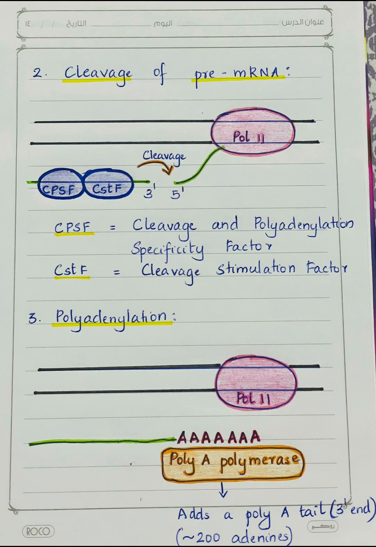After cleavage, the next step is polyadenylation. Poly-A polymerase adds a poly-A tail which is about 200 adenines to the 3' end of the RNA. This step is essential for RNA stability, export from the nucleus, and translation initiation.